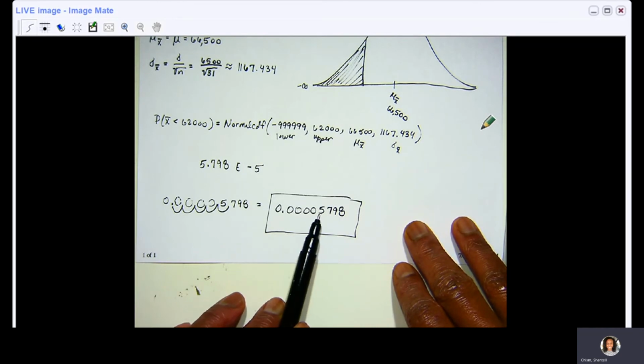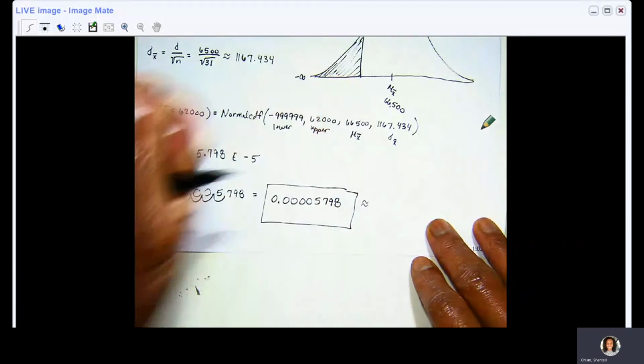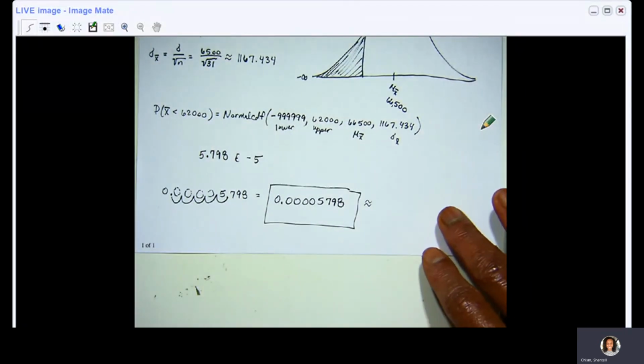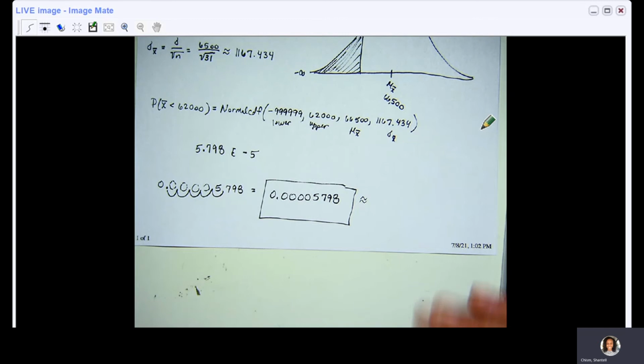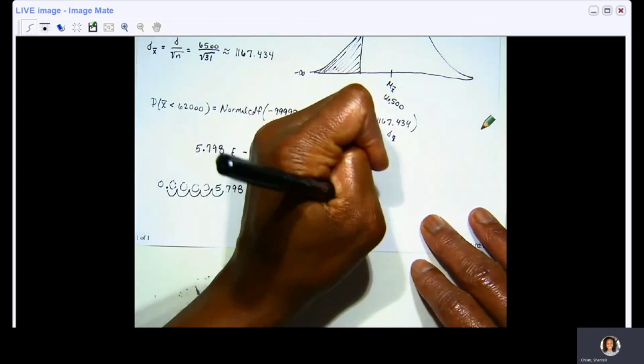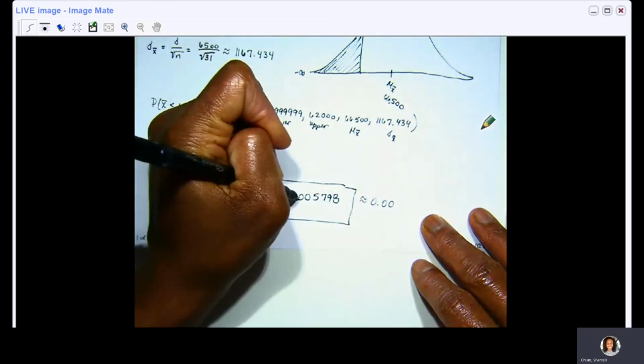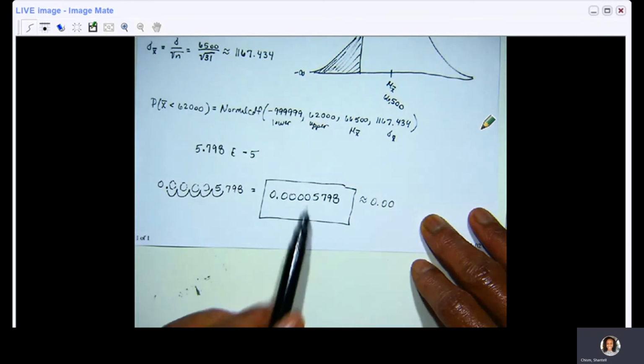Since this is a 5, I'm going to make that first 0 here a 1.